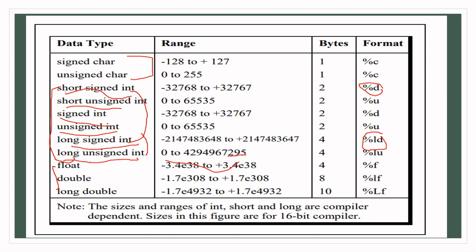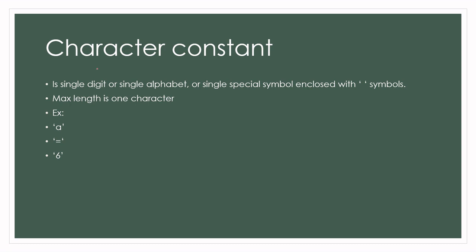I'll speak about format specifiers in upcoming videos and explain their application. For the time being, just remember it: float, %f, whereas long double and long float have their own ranges of values you can enter. And then comes character constant.